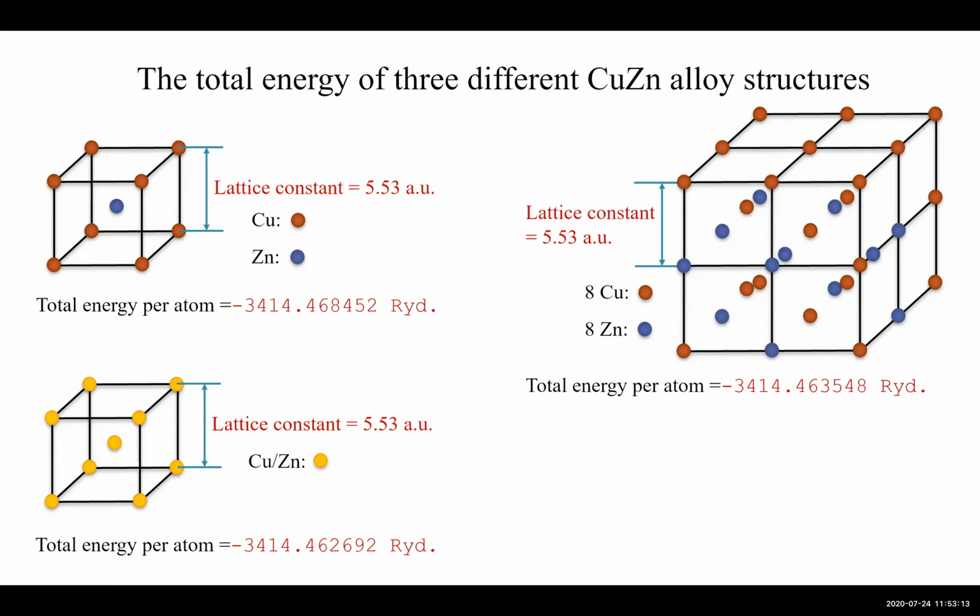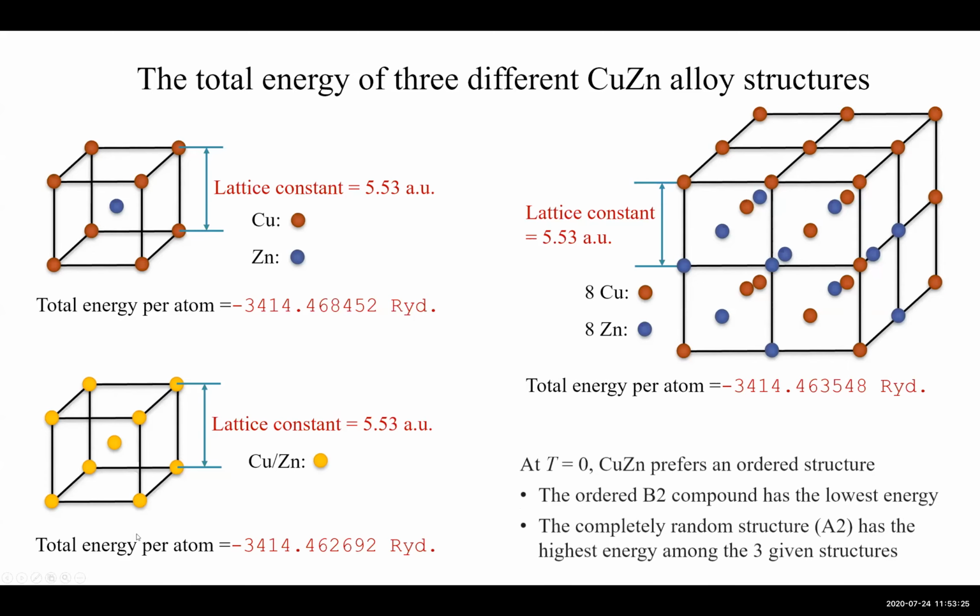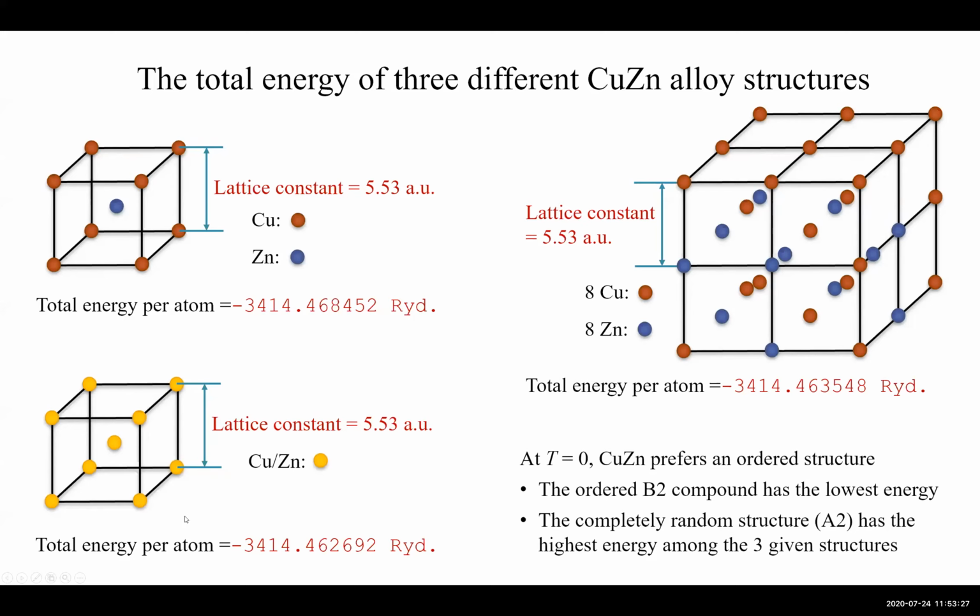But that's what's experimentally found, that B2 is the ordered phase, which is where, at temperature equal to 0, the alloy exists. This completely disordered structure has the highest energy.